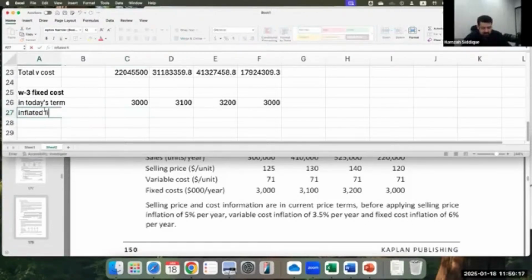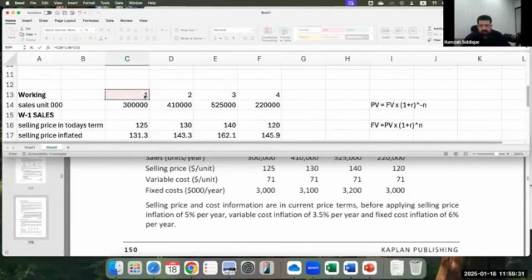Inflated fixed cost: this into 1.06 raised to power this.